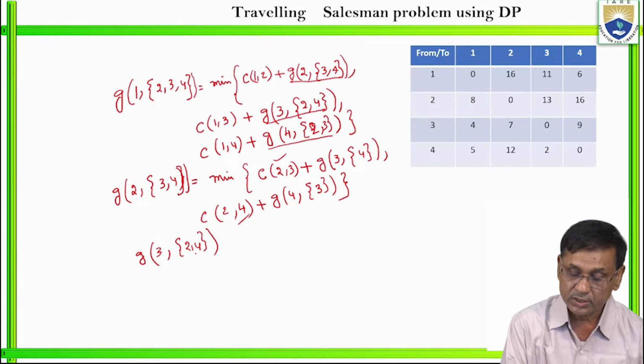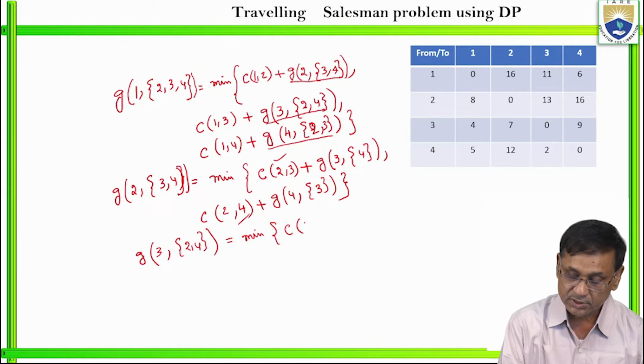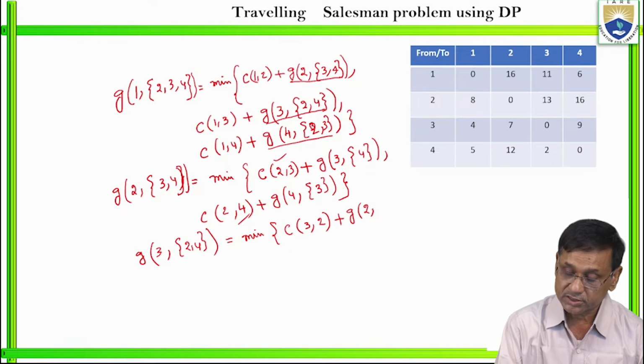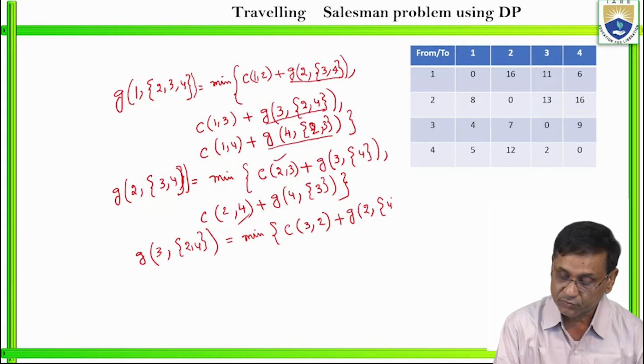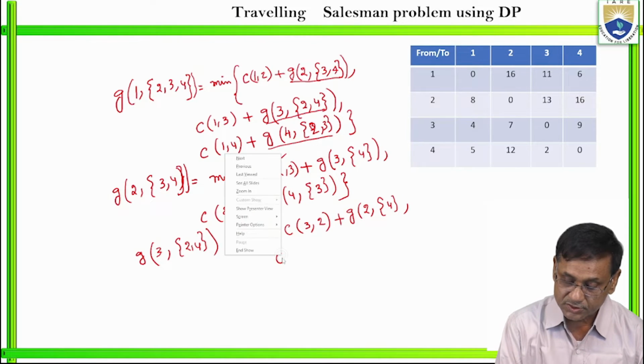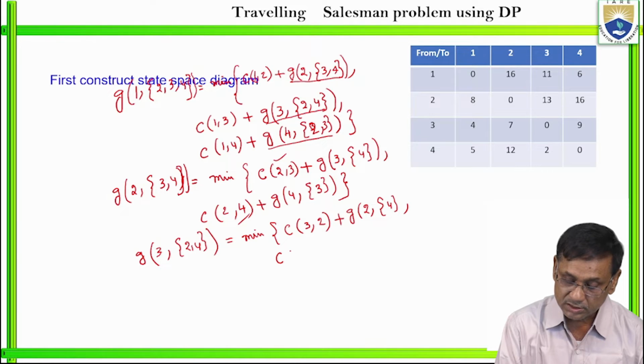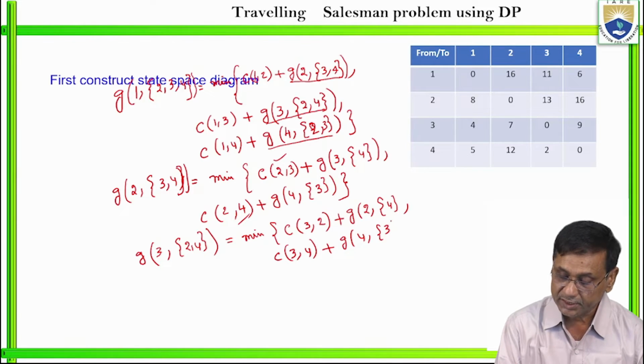So 2, 4 is equal to a minimum of C of 3, 2 plus G of 2, that is the cost of going from city 2 to the remaining set of cities, comma, C of 3, 4, that is the cost of the edge from 3 to 4, plus G of 4, comma set of 2.